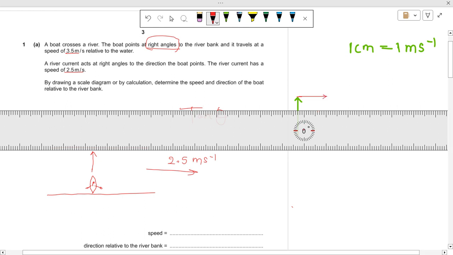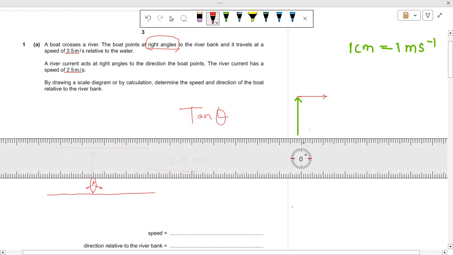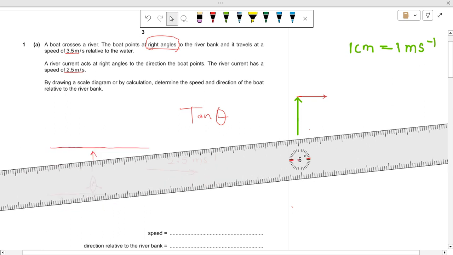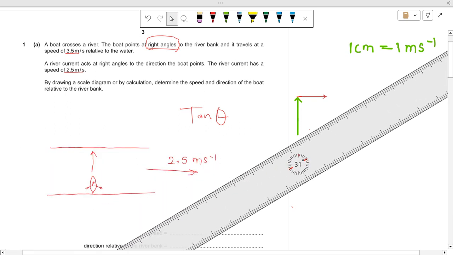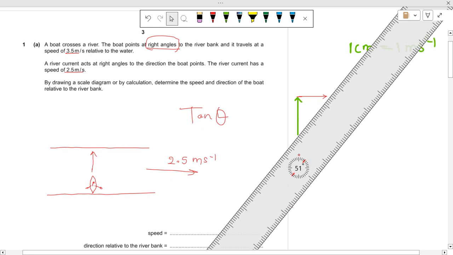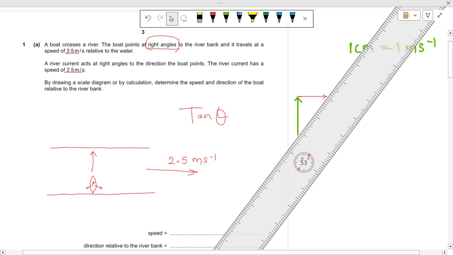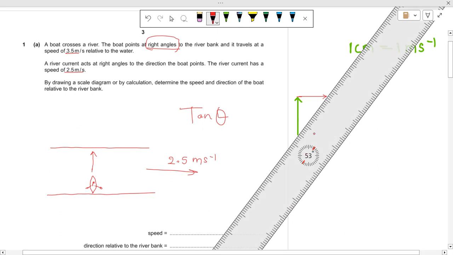Now it's okay, right? Then the resultant speed is given by this one.